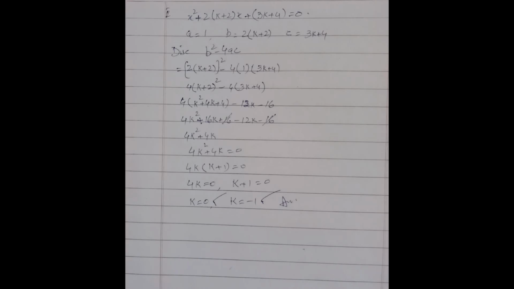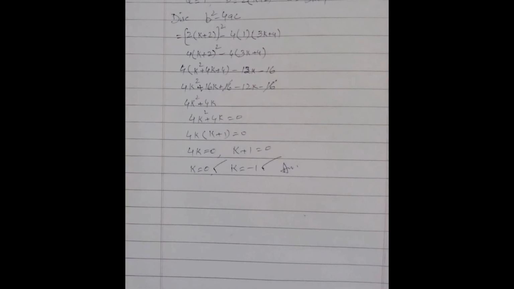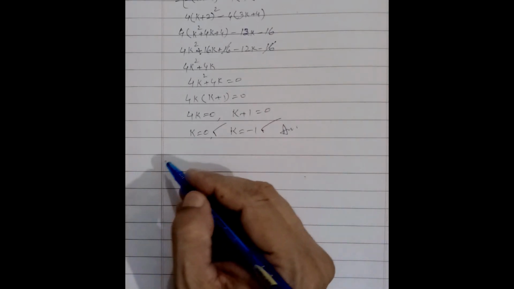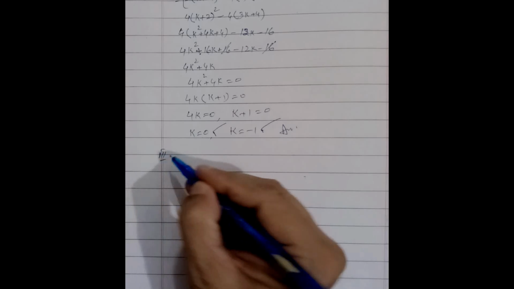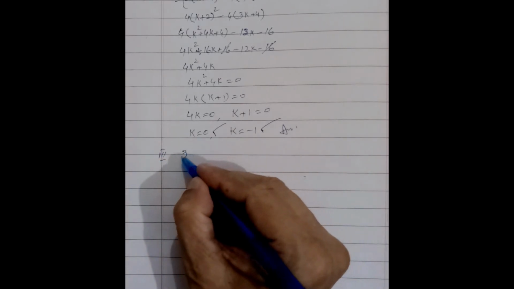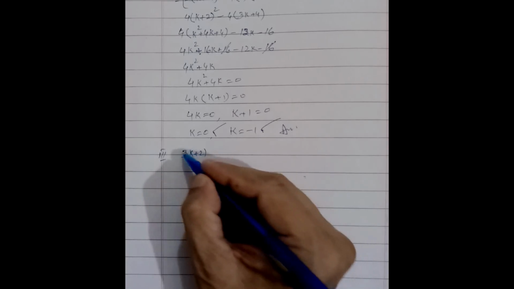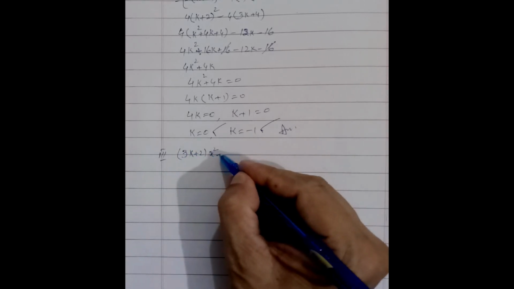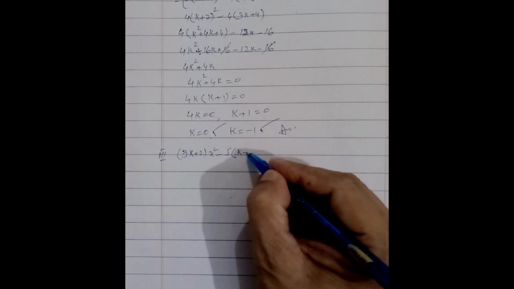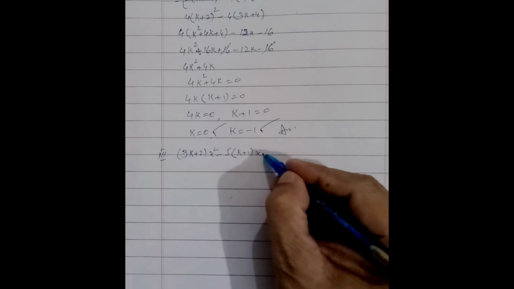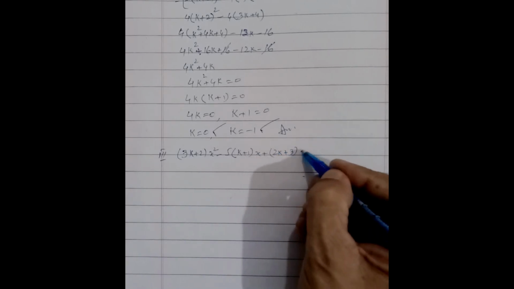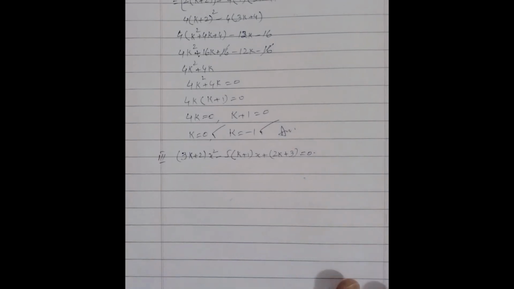When the roots of the equation are equal, it means a perfect square. The third part is 3k plus 2 x square minus 5 into k plus 1 x plus 2k plus 3 is equal to 0.